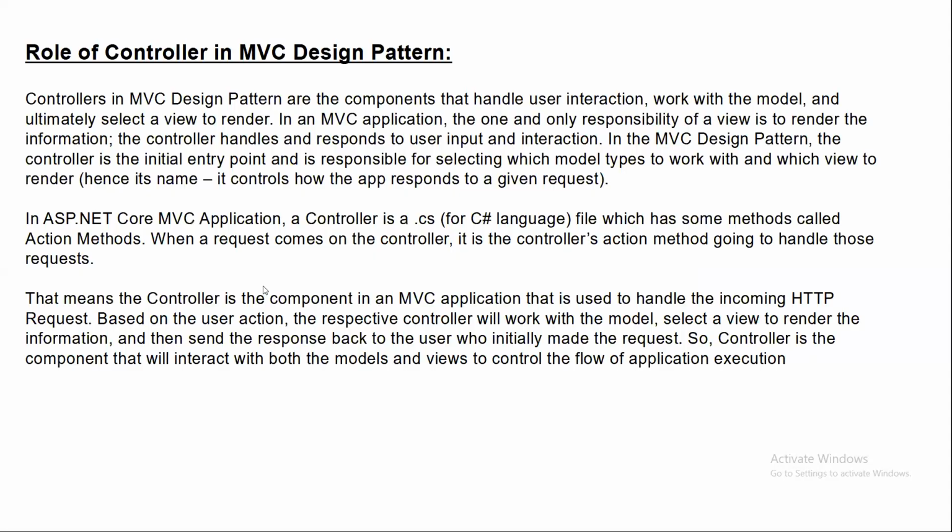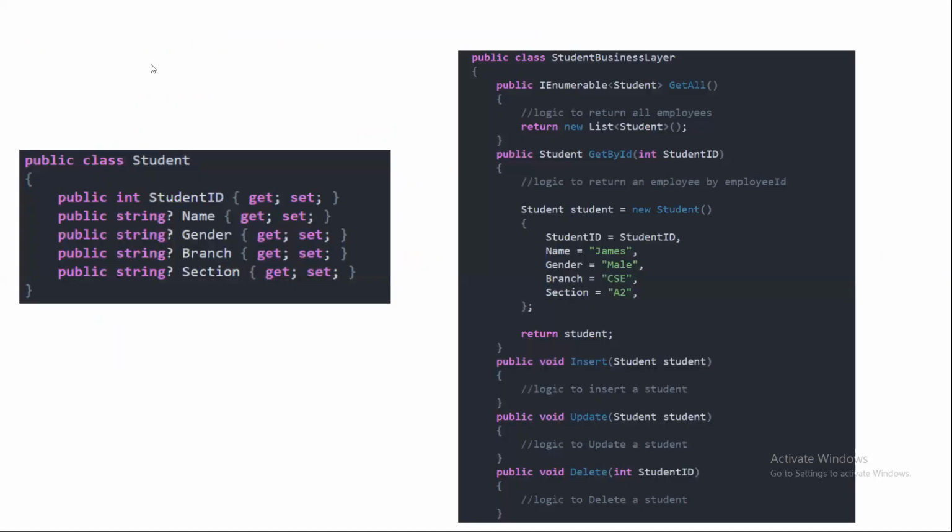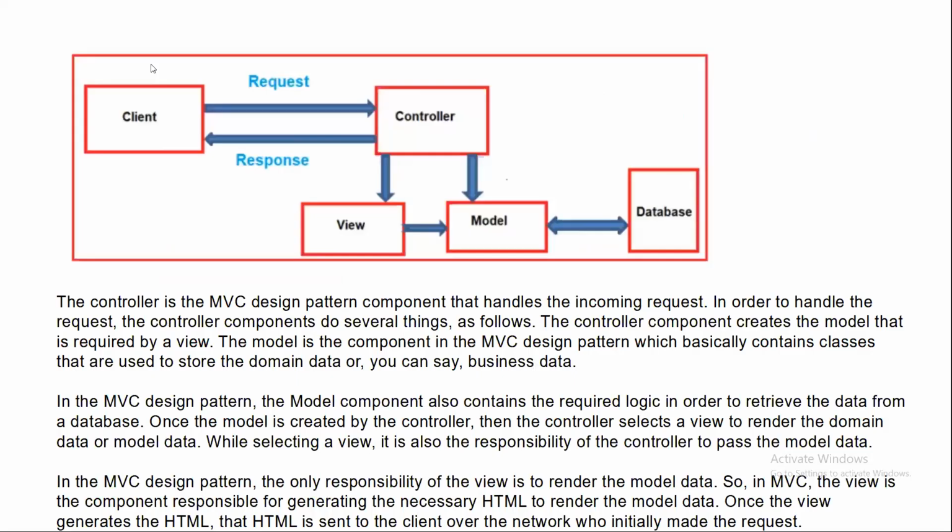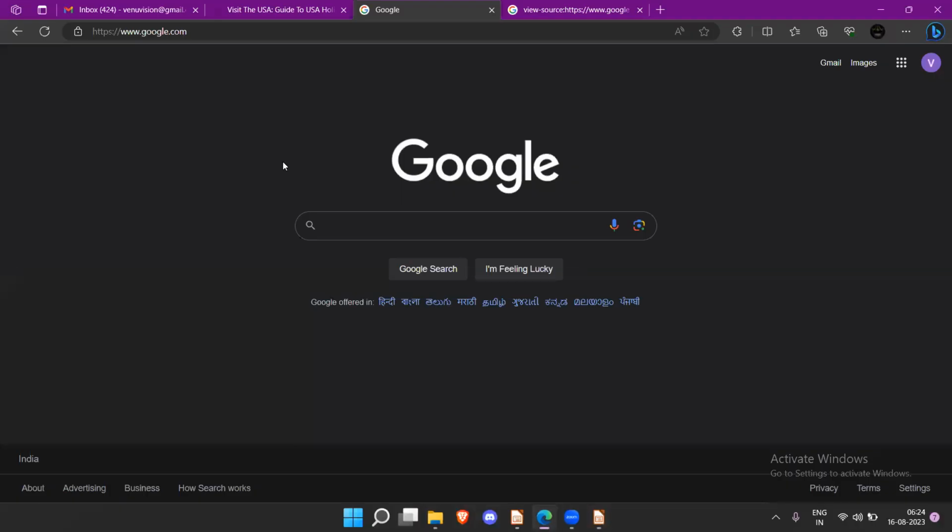I'm returning the student. So the controller here is responsible, because once you have the data from the model, and view is the one which renders the data, and once it is available, then the controller sends it back to the client for display, right?